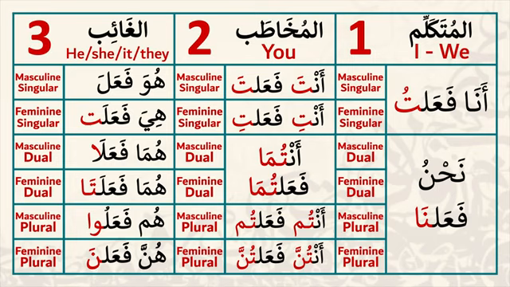So here is the last image of conjugating verbs. The most common pronoun is تاء الفاعل. It has 6 different formats. One of them is used with first-person pronouns and 5 with second-person.